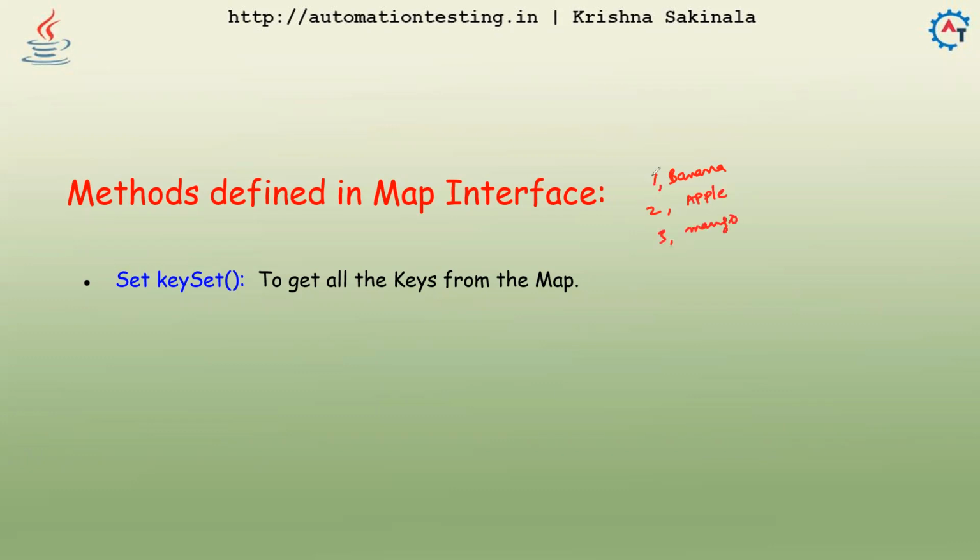I want only these keys. With the help of the keySet method we can get that. But what is the return type of this? Set. Why is this a set? Keys should not be duplicate, and a set will not allow duplicate values. Because of that, we get only unique values, and the return type is set.